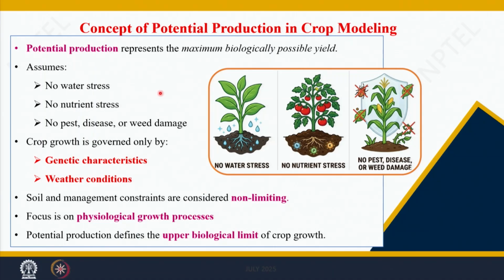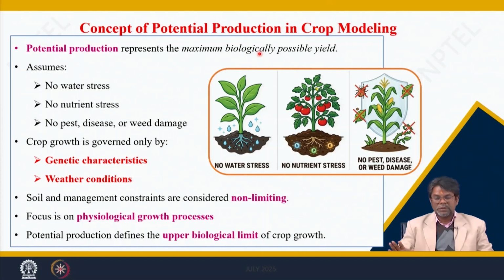The potential production represents the maximum biologically possible yield, which we can get in controlled environmental experiments, where the crop is well protected from pests and diseases and does not suffer from any type of water or nutrient stress.